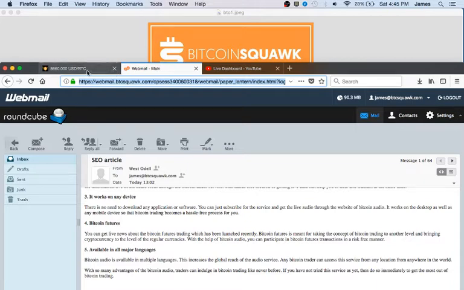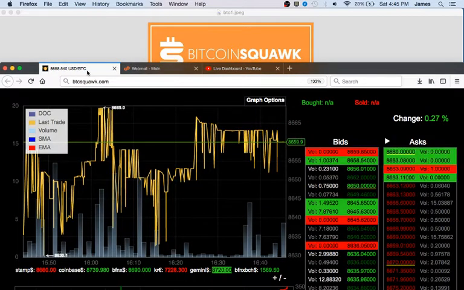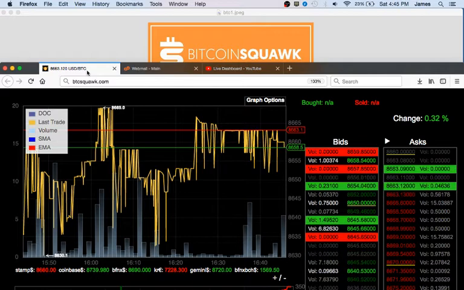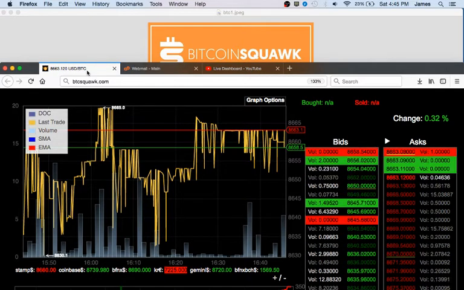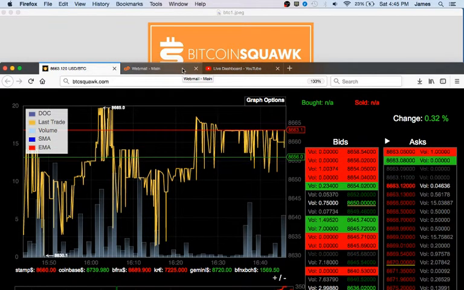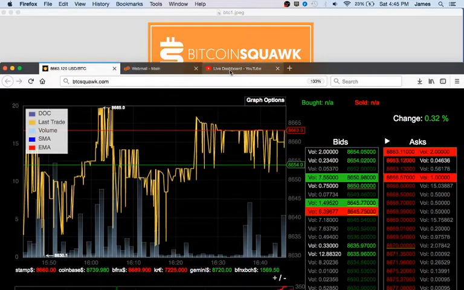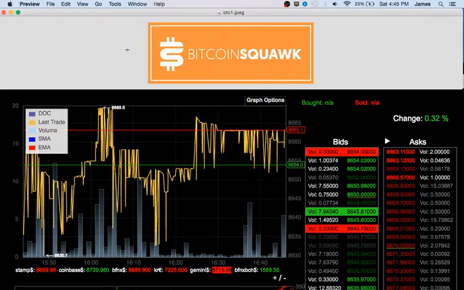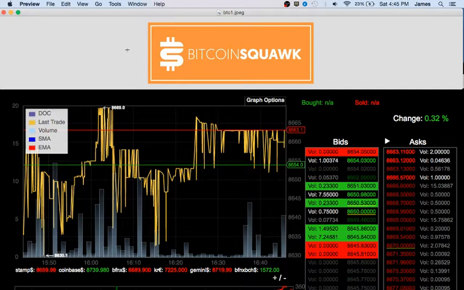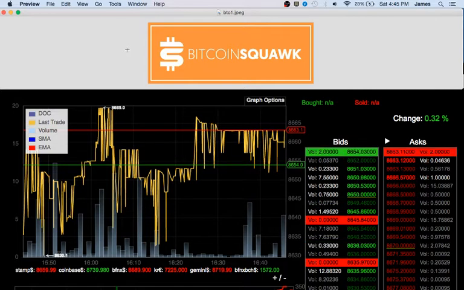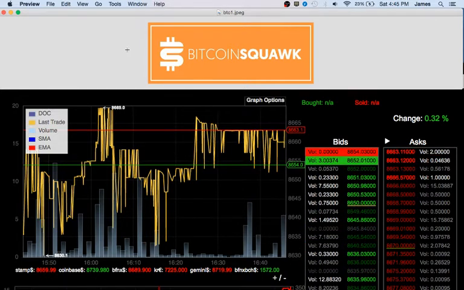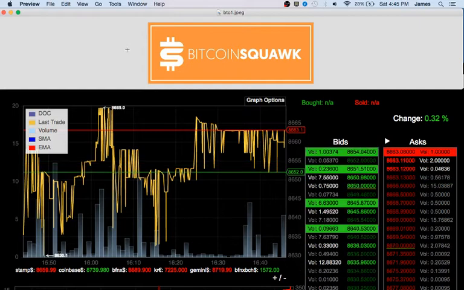Alright, we are looking at 59 bid. They did come back up. It's so choppy right now, it's almost painful. 54 bid, offered 63. 54 bid.